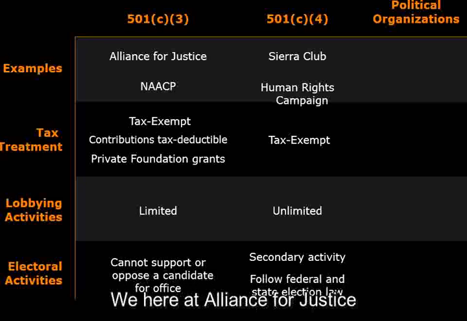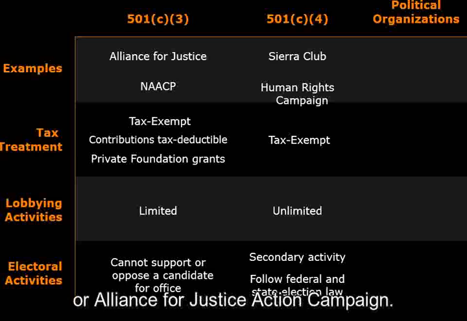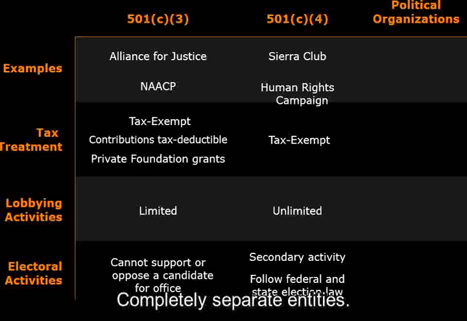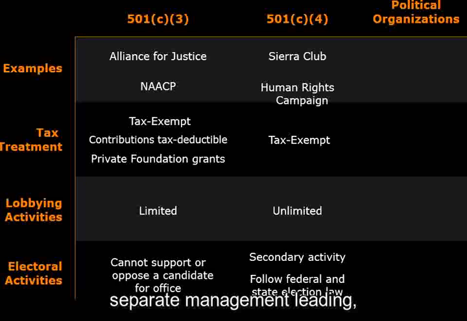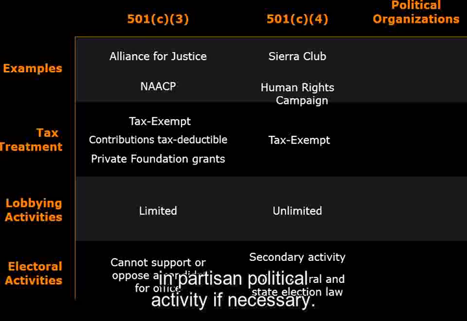Here at Alliance for Justice we have AFJAC, or Alliance for Justice Action Campaign, completely separate entities. The mission is somewhat similar, but they have separate boards, separate minutes and meetings. That organization can do a little bit more when it comes to lobbying and perhaps engaging in partisan political activity if necessary. Okay?